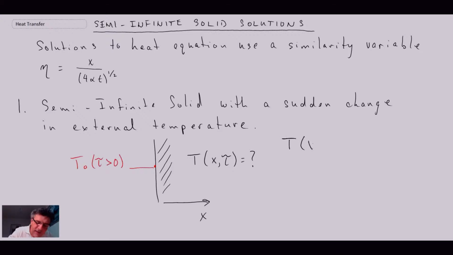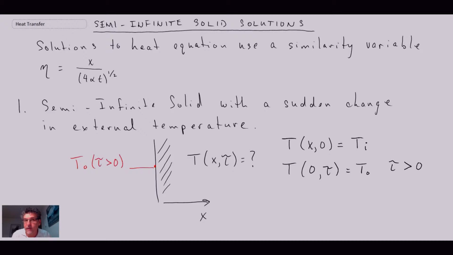The other conditions: at time 0, for all x, so for the entire solid, the temperature is Ti, and for time tau greater than 0, we specify the surface to be T0. So when you change the surface condition, that change propagates inward into the solid.